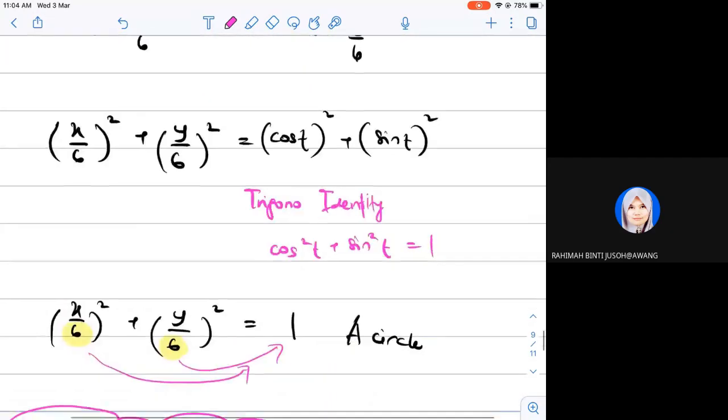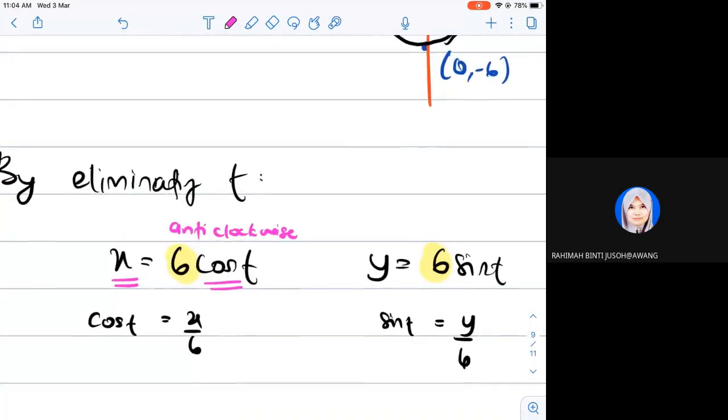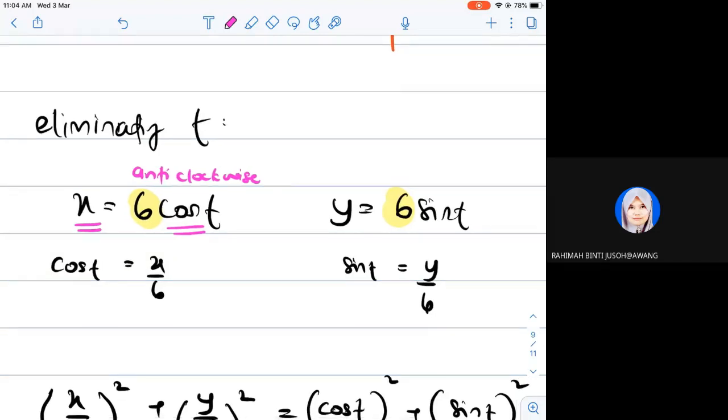Tapi kalau you guna eliminating T, saya bagi awak tips. Okay, cara nak tahu dia adalah clockwise ataupun anti-clockwise. Okay, first of all, kita kena tengok soalan tu melibatkan nombor-nombor positif sahaja. Saya punya tips ni hanya untuk kes-kes yang positif sahaja. Kalau kes tu negatif, dia tak valid. Okay, so kalau kes positif macam ni, kalau X tu cos, ingat satu je.